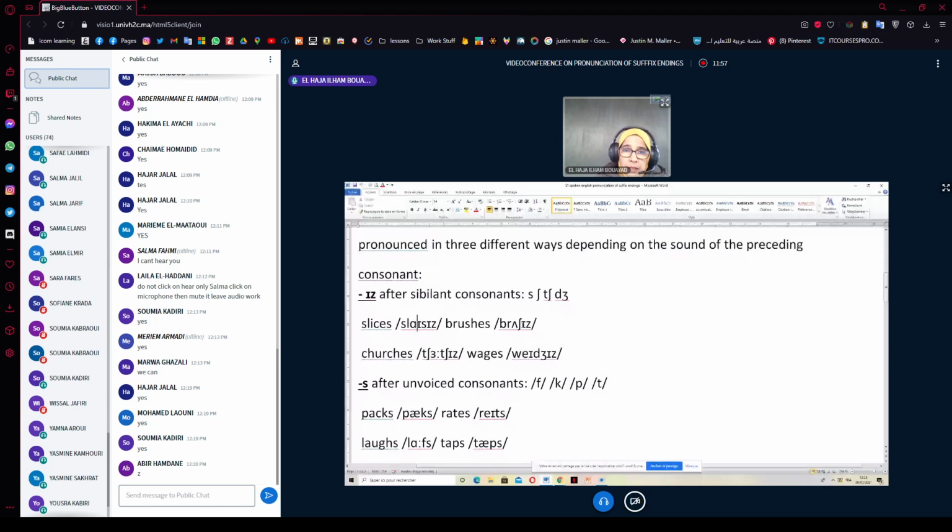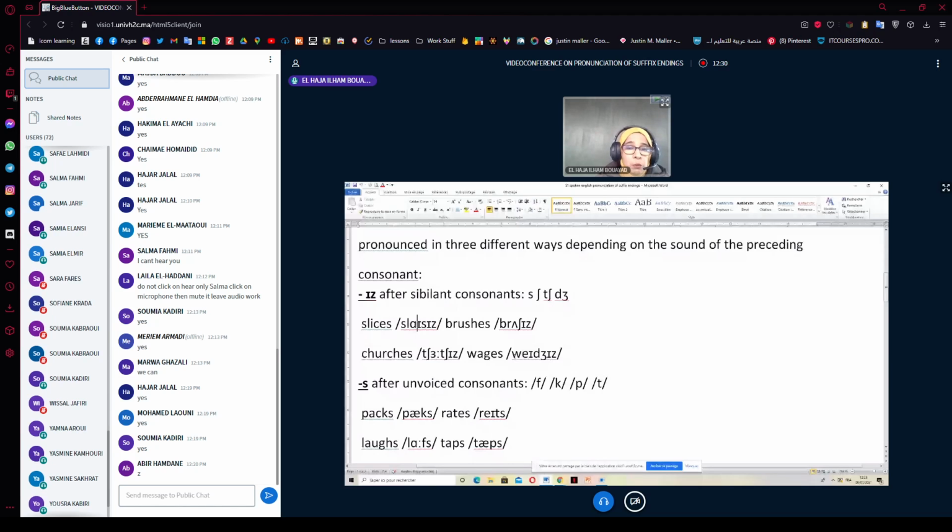We pronounce it as iz after certain sounds like sh, s, ch in churches, and j in wages. So you see the pronunciation depends on the sound of the preceding consonant. Here the sounds are s, sh, ch, and j.